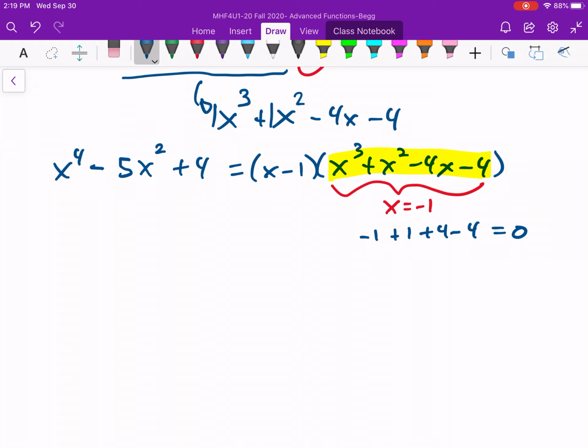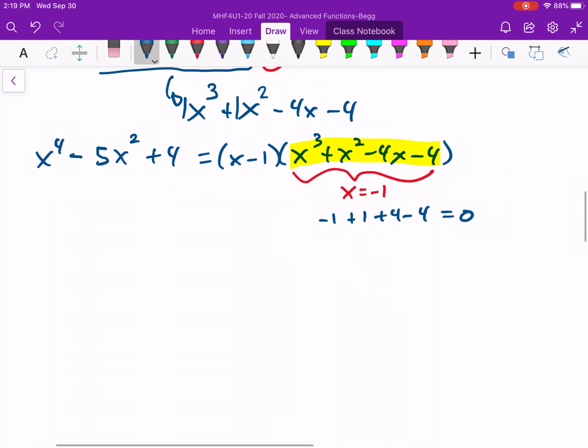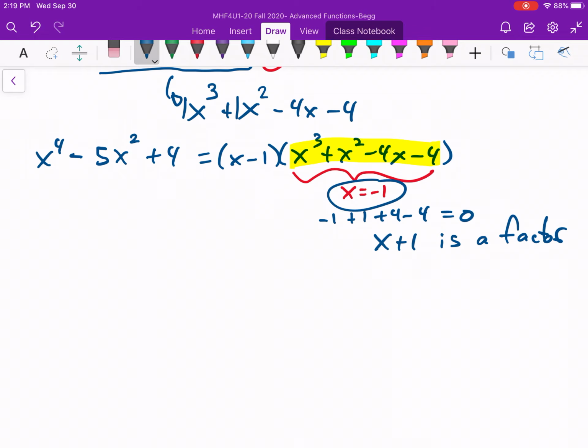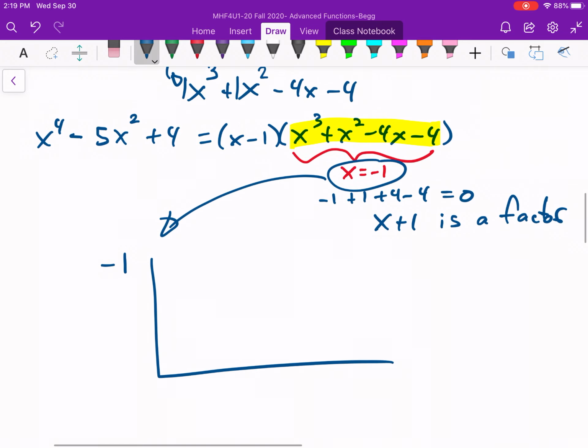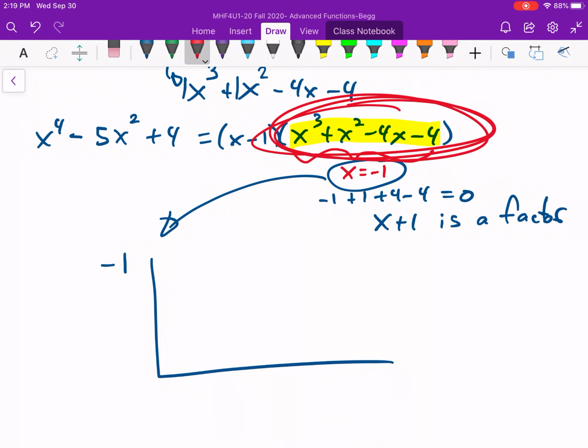So I know that I can then go through the process again, this time using x equals negative 1. So I put negative 1, draw my box, take my coefficients. This time my coefficients are coming from just what I've highlighted in yellow here.